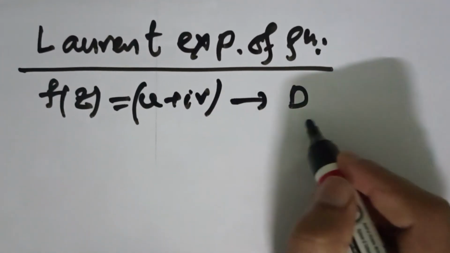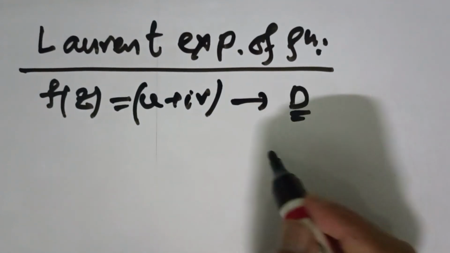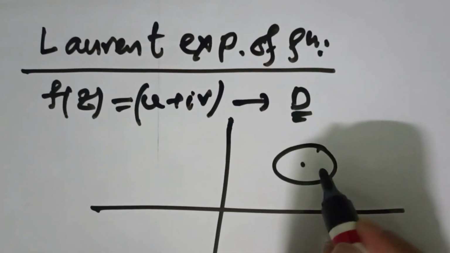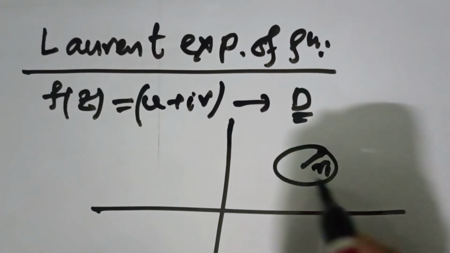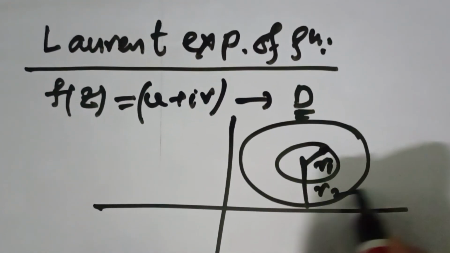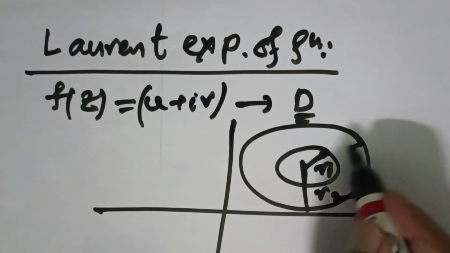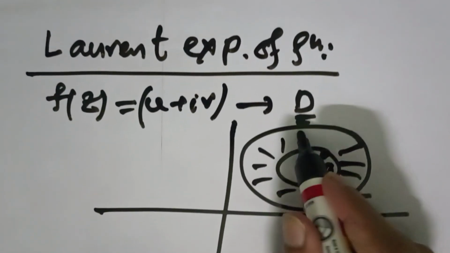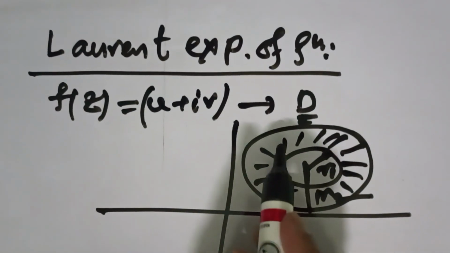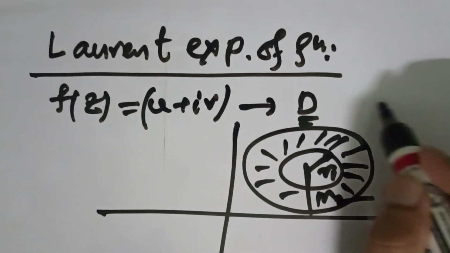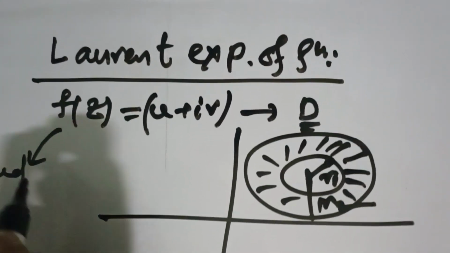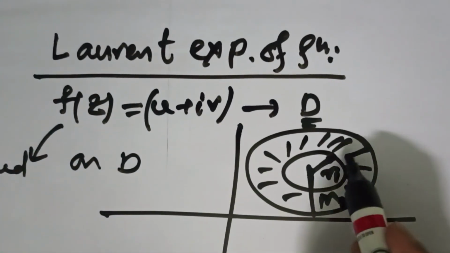Suppose it is defined on a region D, and D is an annular region. Annular means like this, in the axes: a circle of radius r2 with center alpha and another circle of radius r1. Let f be a complex function defined on D, where D is the annular region.